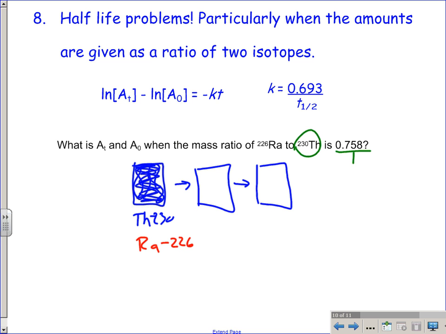Well, after one half-life, remember half-life means half of it's gone, half of my substance has become radium-226, and the other half is still my thorium. So in this particular case, we would have a ratio of 1 to 1. So after one half-life, we're at a 1 to 1 ratio. And then if we went another half-life, so remember all of this had already converted. Now half of what's left is going to convert.